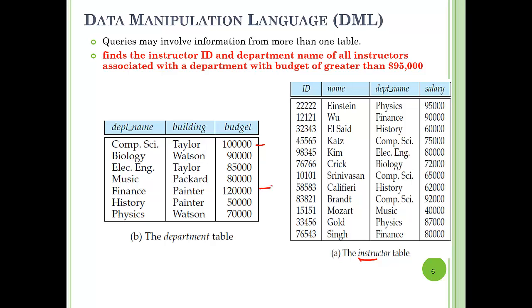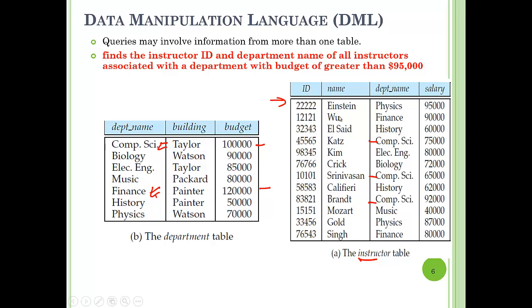So these two departments belong to this, and then I'm supposed to get their respective department names, computer science and finance. So computer science and finance, these departments we are going to search in this instructor table. Computer science 1, computer science 1, computer science 1. So 3 instructors belong to the computer science department, and another department which I have found with budget more than 95,000 is finance.